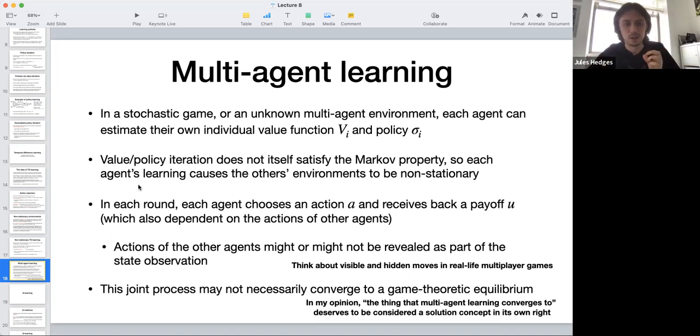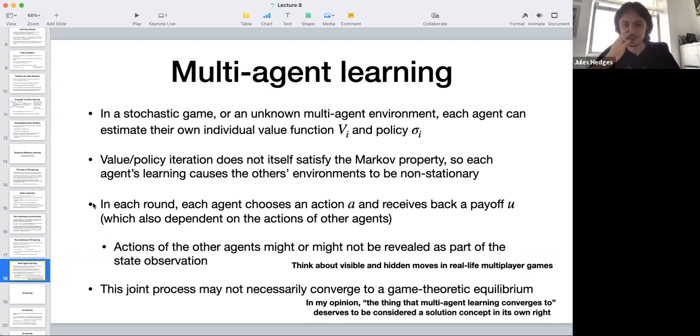We can see this where, if we have multiple reinforcement learning agents interacting with an environment, at each stage each agent is going to choose an action, and then the environment is going to transition to a new state and give each agent back some payoff, potentially a different one. The payoffs that each agent gets are going to depend, in general, on the actions that all of the agents took, as well as the current state. So this is like a stochastic game, except that the game is no longer common knowledge.